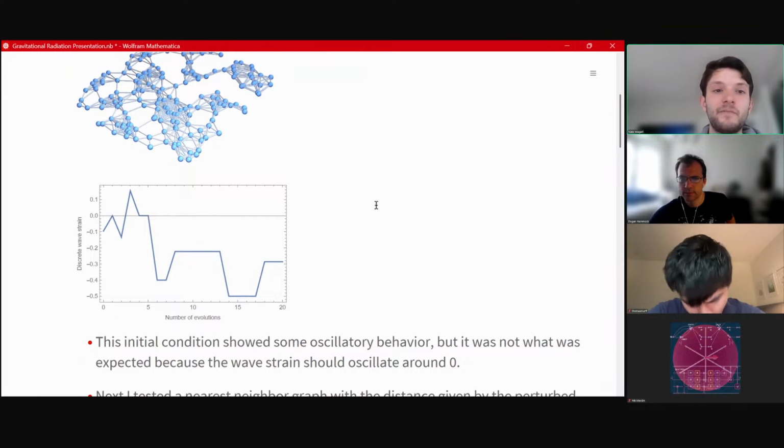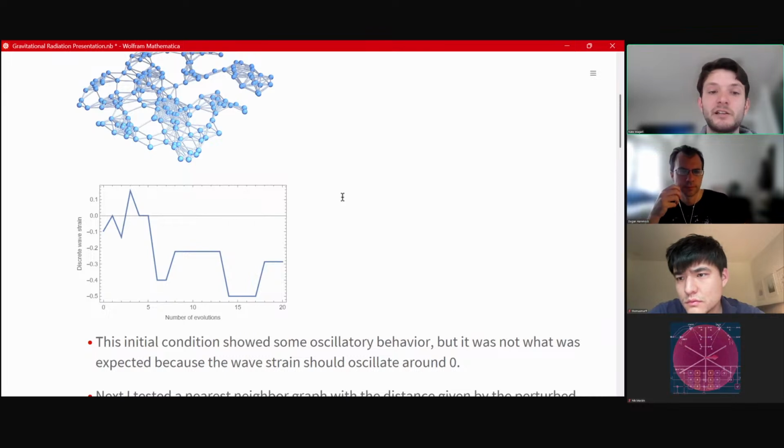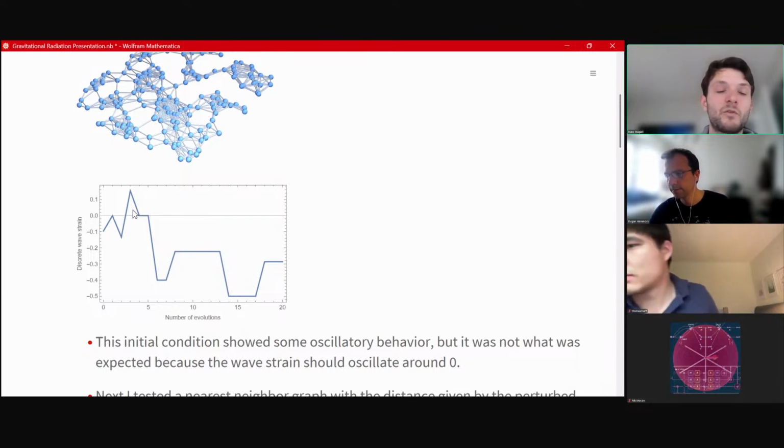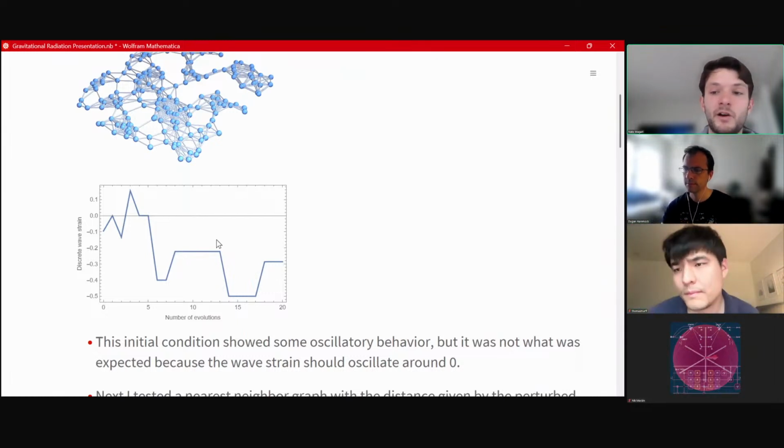And if we were doing a numerical simulation using general relativity, there's a way to do that with the ADM formalism. But here I just wanted to use that as an initial condition for this Wolfram model.